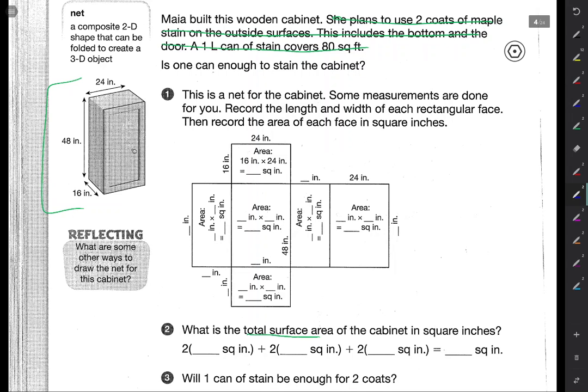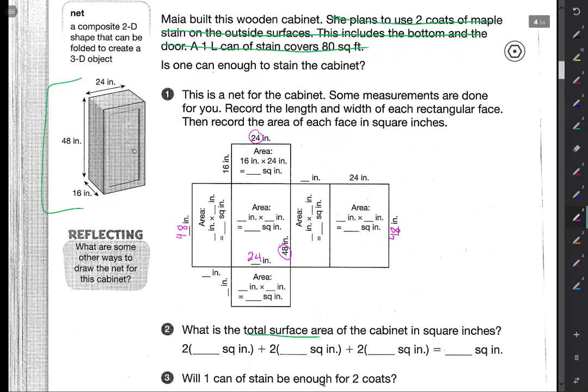Now let's start off with the outside measurements, and then we can find the area of every one of these. So if we're looking at the outside measurements where the blanks are, I know that I'm going to have to put a 24 over here because it matches the same length as this side. I can also see that in this blank over here, a 48 goes because this side over here is 48, and that means this one up here is also 48.